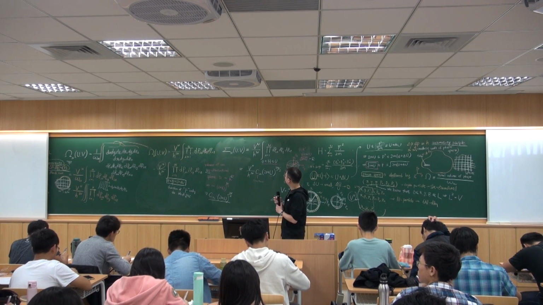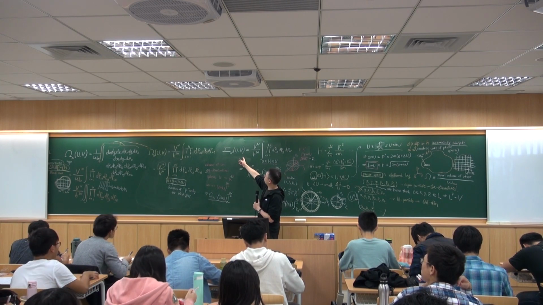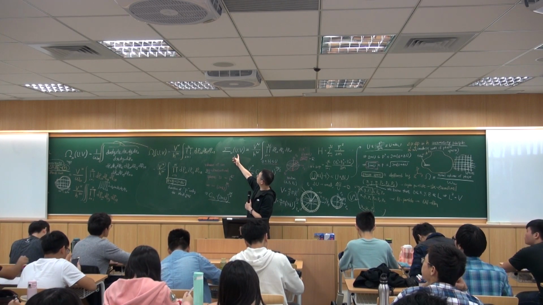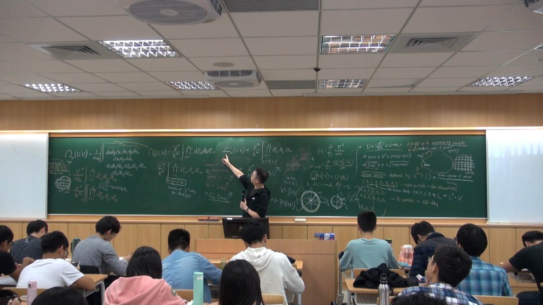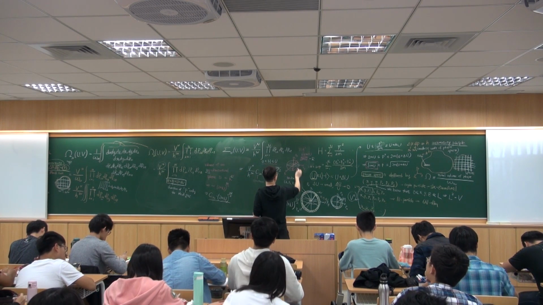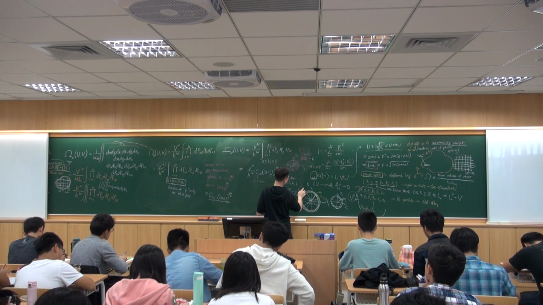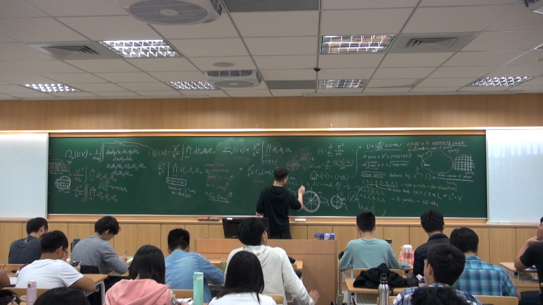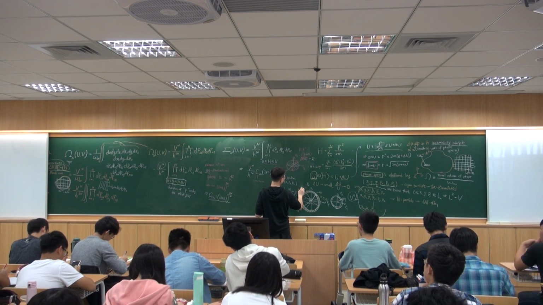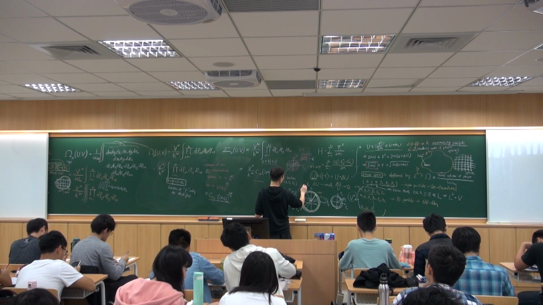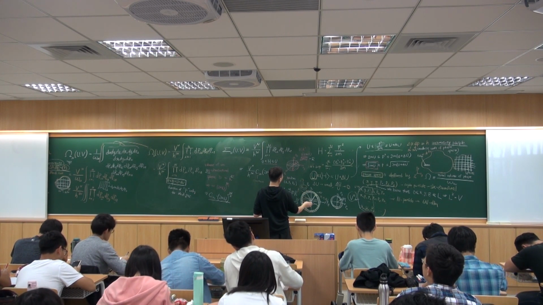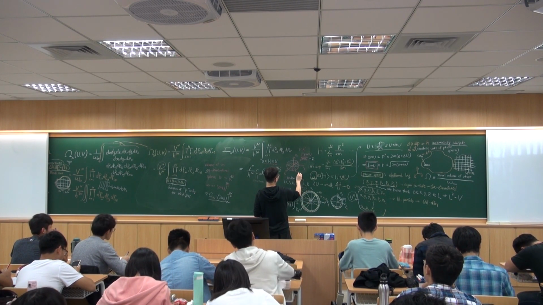But this is only the first step, because we only calculate that for this whole sphere, instead of the shell, this shell over here. The shell will give us omega, but the sphere gives us this large sigma.